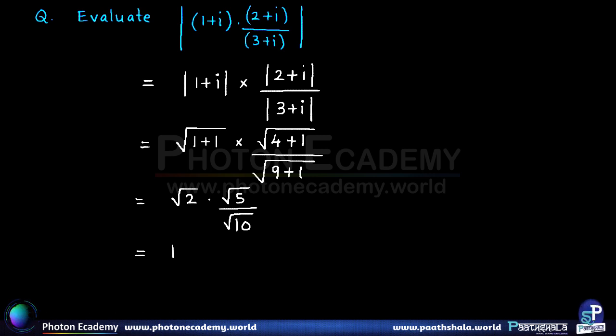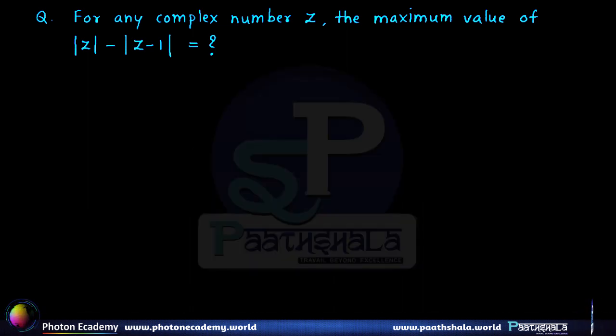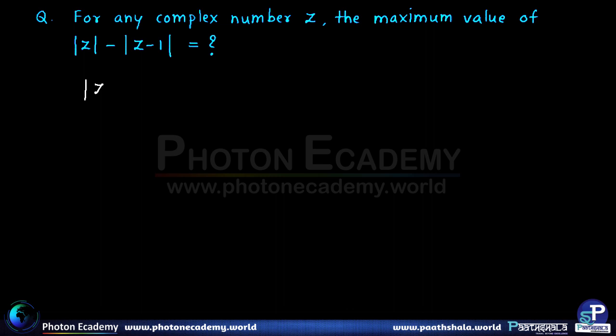Let's see another question. For any complex number z, the maximum value of mod z minus mod of z minus 1 is equal to how much? Now if we recollect the triangle inequality, one of the triangle inequalities was mod of z1 minus z2 is always greater than or equal to mod of z1 minus mod of z2.